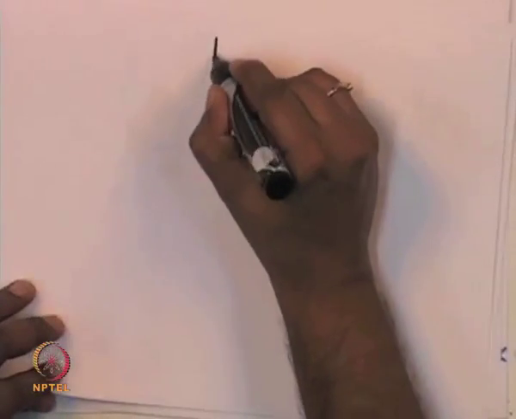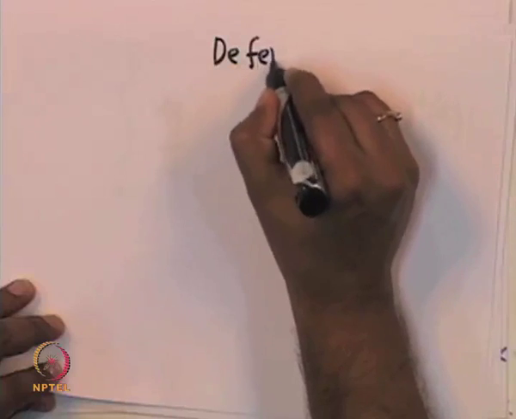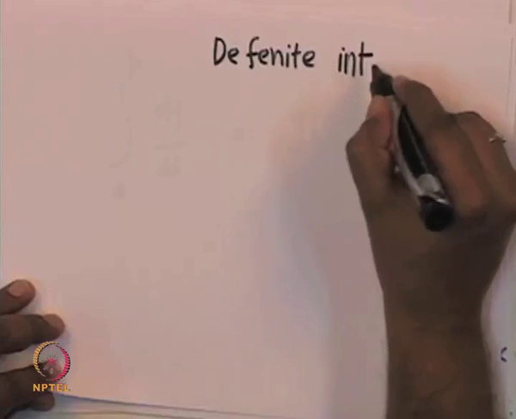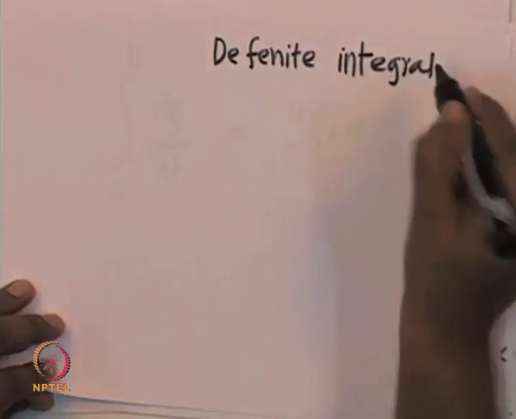So, the next rule of definite integration: the technique of calculating a definite integral is the following.